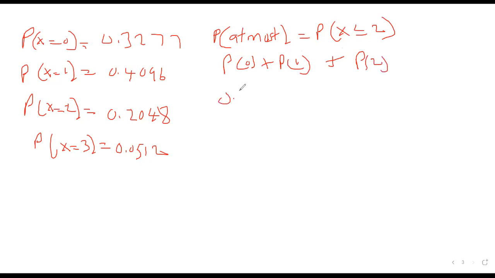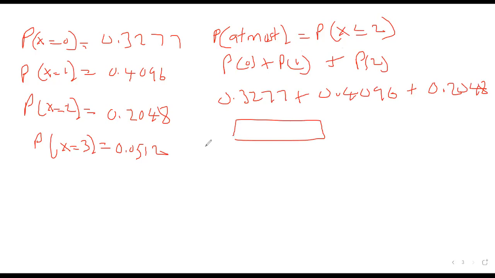It's 0.3277 plus 0.4096 and finally plus 0.2048. You get the answer when you sum them up.